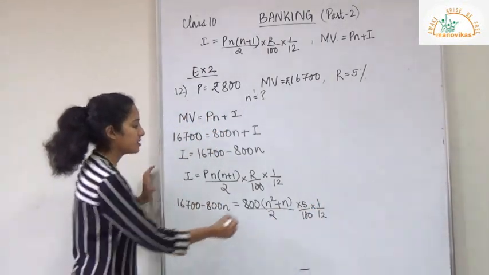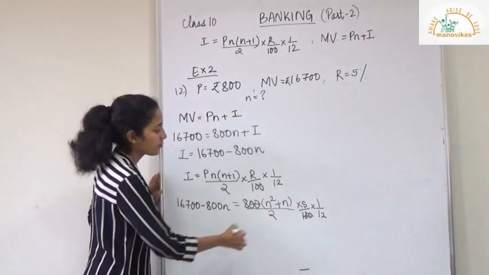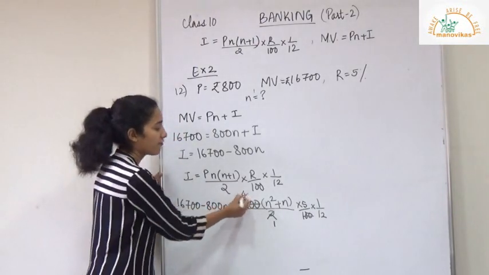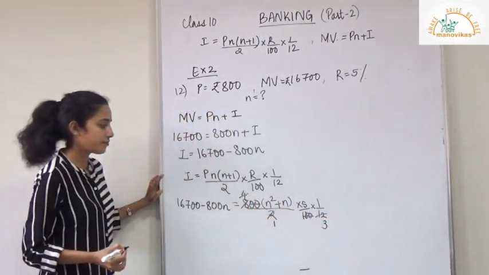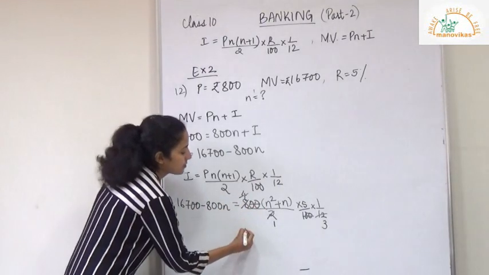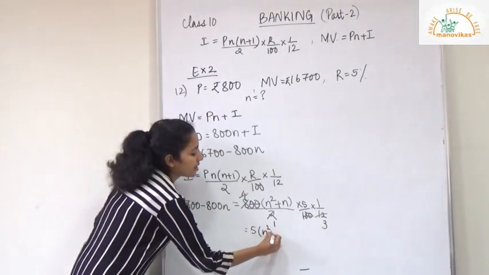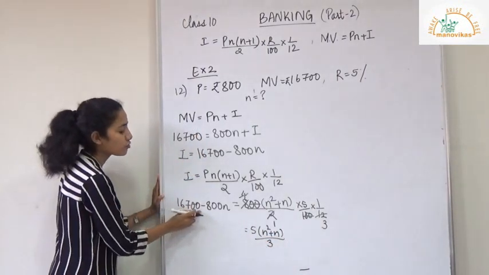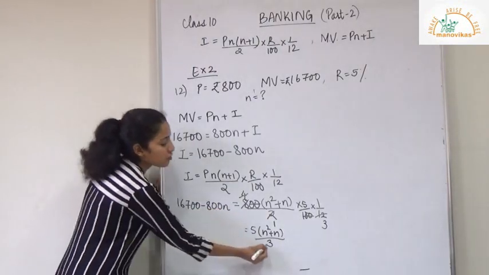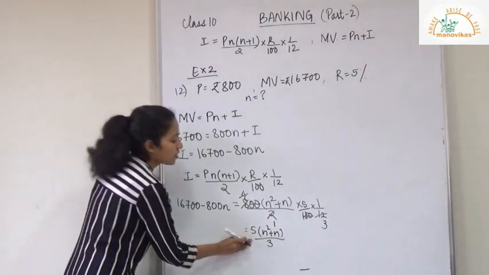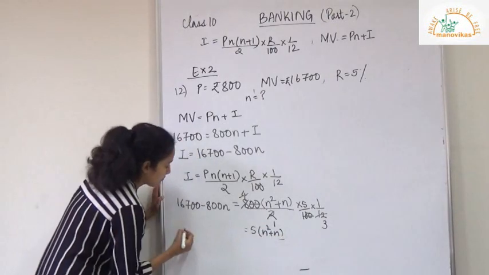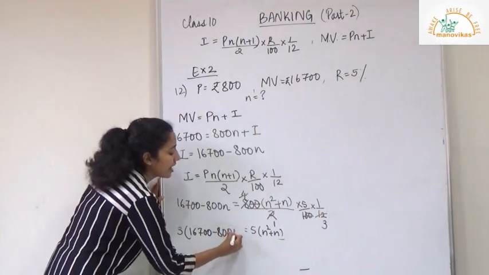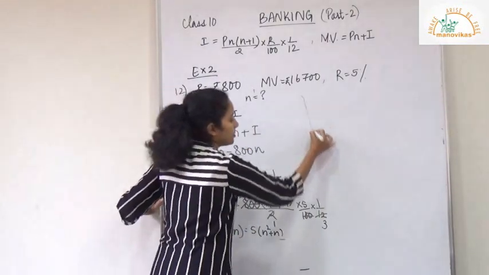Now we see what can be cancelled. Zeros and zeros cancel. So this is 2, 1 and 2 into 4 is 8. 4 3s are 12. So what is left here is 5 times n square plus n divided by 3, and you have here 16700 minus 800n. So this 3 I will be multiplying it here. So when I multiply, I get it as 3 times 16700 minus 800n.